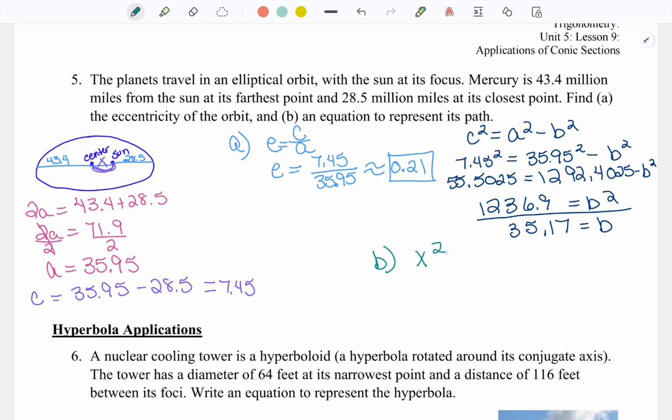So we're going to have x squared over our A, which is 35.95 squared. And that gives us 1292.4025 plus our y squared over 1236.9 equals 1.